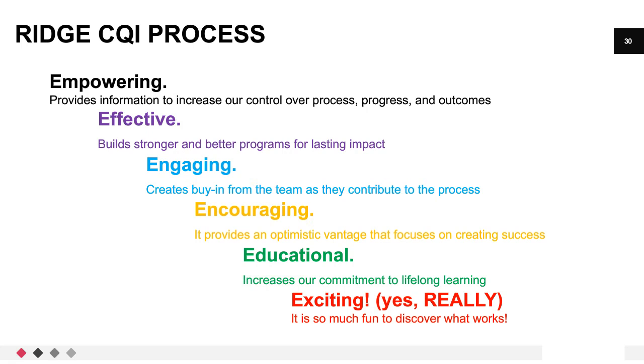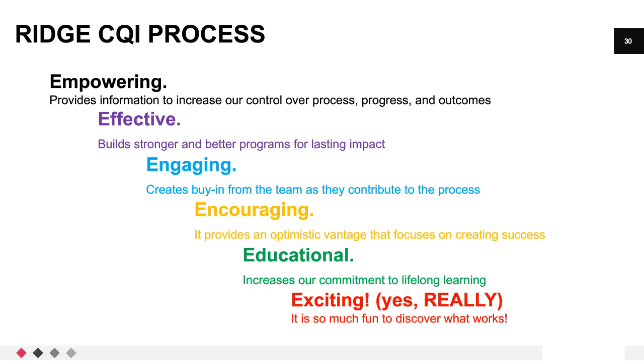We really look at CQI individually by the project, but also corporately to make sure that we're staying on mission because we're super passionate about transforming lives and building a legacy of strong families. And so we always go back and say, okay, what are we doing? What's the outcome? How is this impacting and moving it forward so that we're really bringing transformation to people's lives that aligns with our mission? And so everything we do is centered around that.